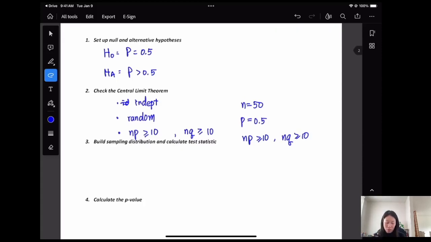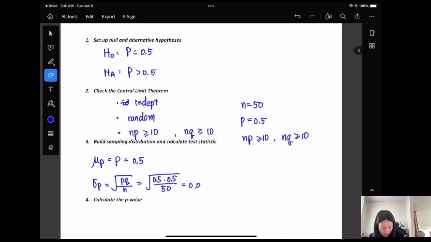One way is to build a sampling distribution of proportion with a normal model, which means our mu sub p is equal to the population p, which is 0.5, and our sigma sub p is equal to the square root of p times q over n, which is 0.5 times 0.5 divided by 50.